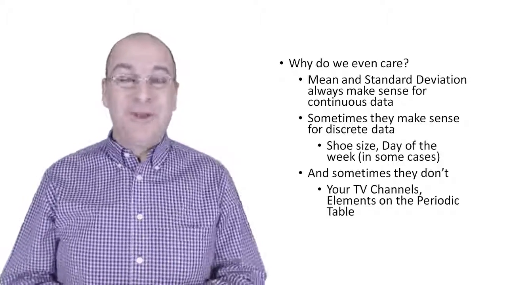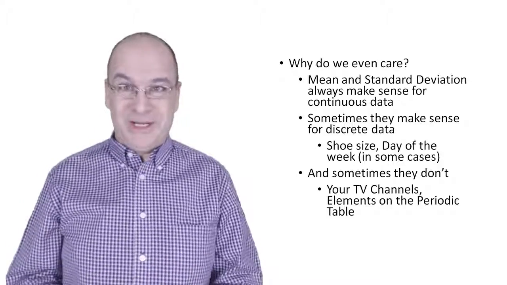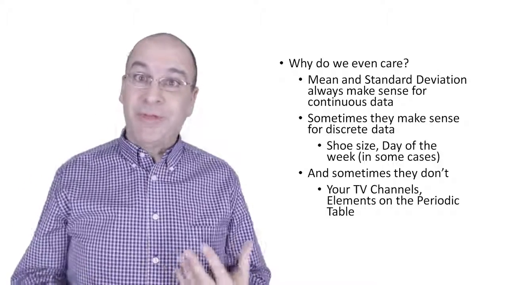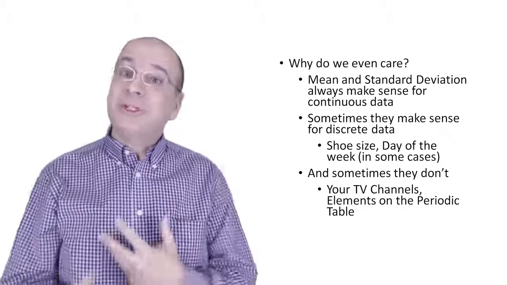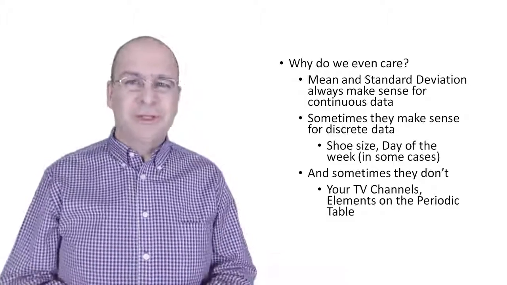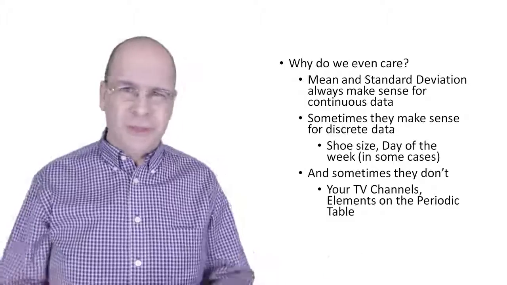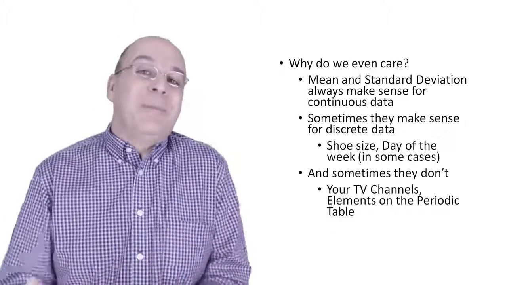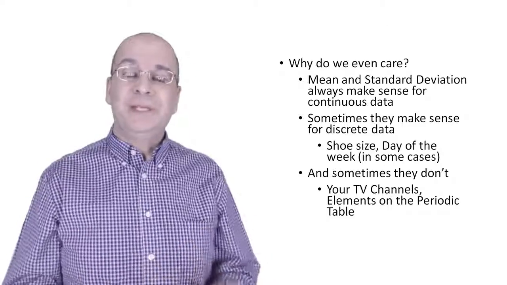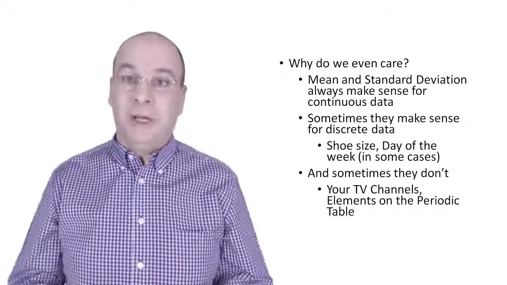It's also the case that when we talk about elements in the periodic table, if we talk about the different elements that are in Earth's atmosphere and the percentages that they are, averaging those things together to say, oh, the average element is argon or something, that doesn't make any sense, right? So it's discrete data that we're talking about, so mean and standard deviation don't really help us.